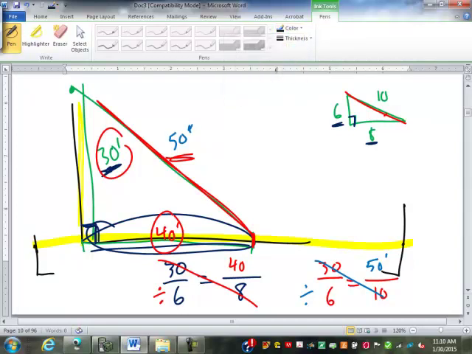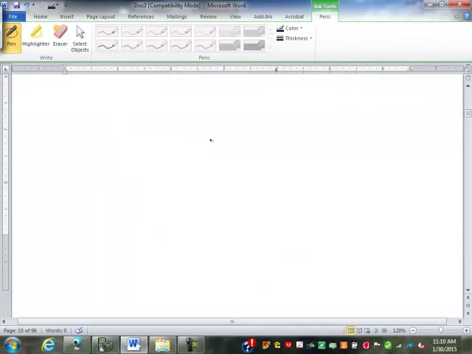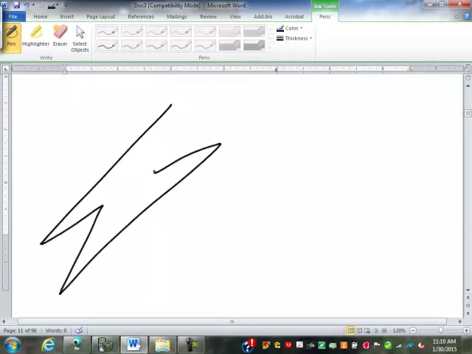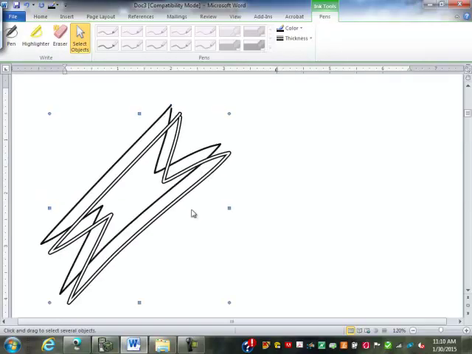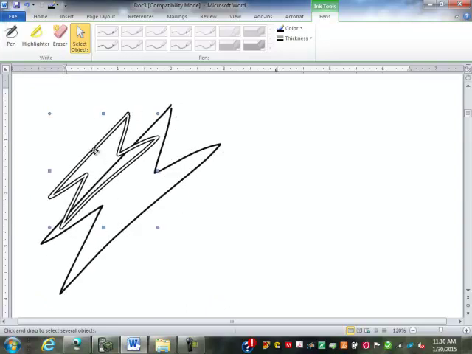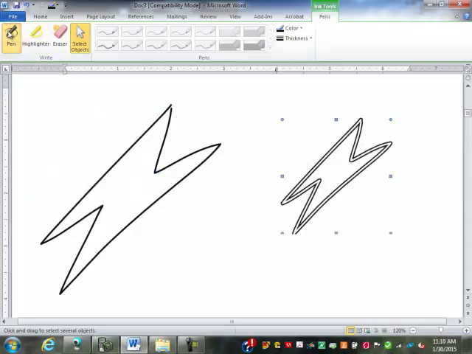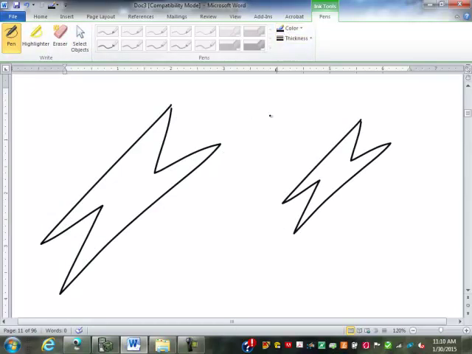They don't even have to be triangles. They can have more than 3 sides. We can have something like this. So let's say that this is 16 feet, 12 feet.